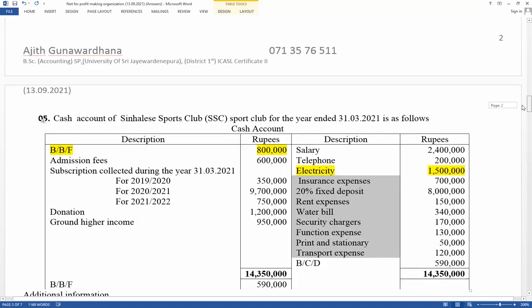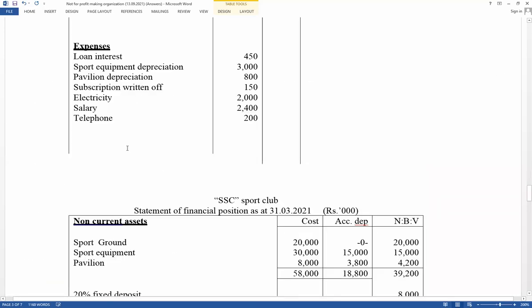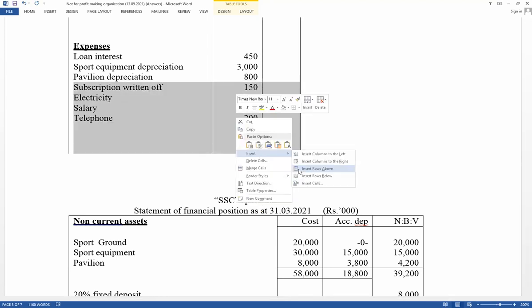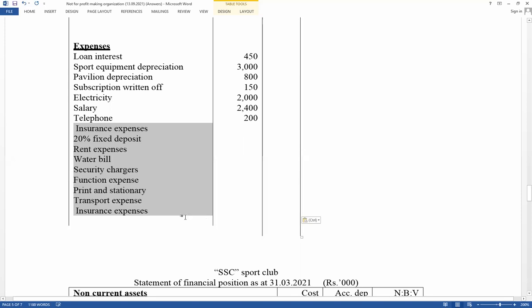Record income statement under expense. All the expenses should be deducted.